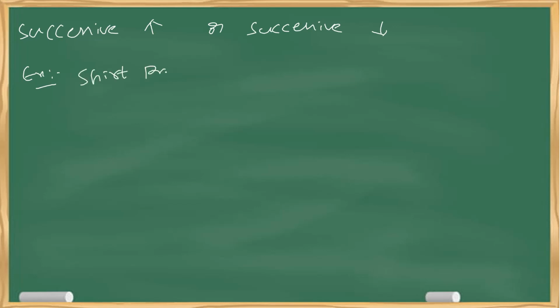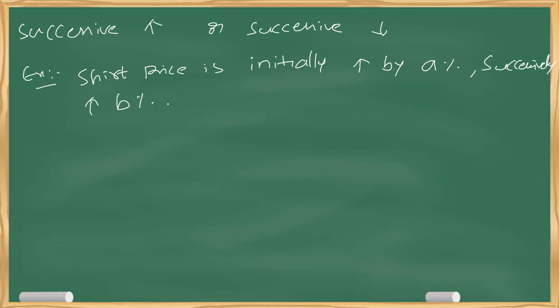Shirt price is initially increased by a percentage, successively again increased by b percentage. Find overall percentage increased. This is a question.